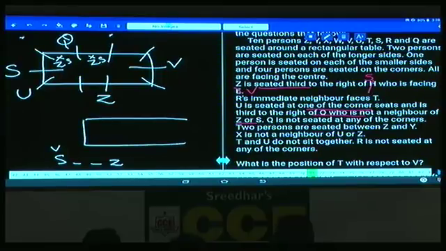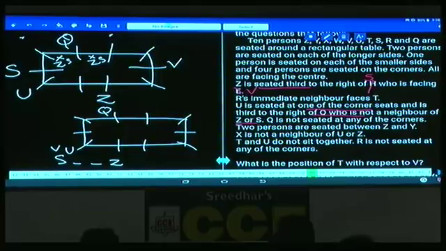Then let us go for one more possibility. What is the other possibility here? 1, 2, 3, 4, 5, 6, 7, 8. Now I am checking out S. Now U is at this place and Q is at this place. And what is the other information here? Now Z and S cannot be in these 2 places. And we have already taken S at this place.